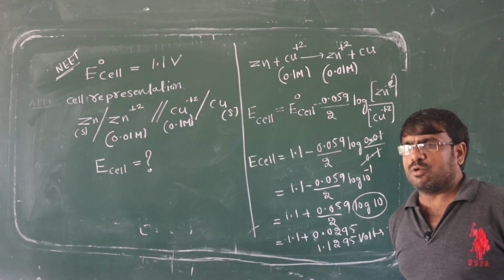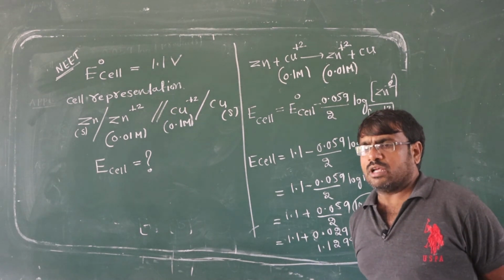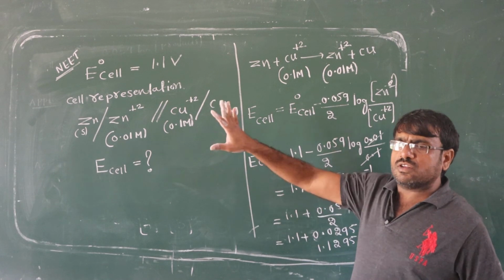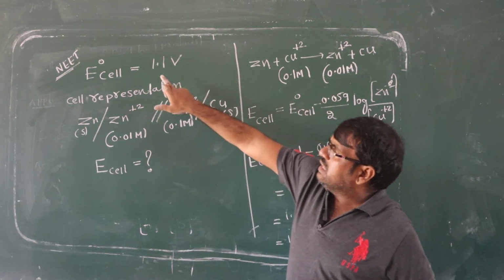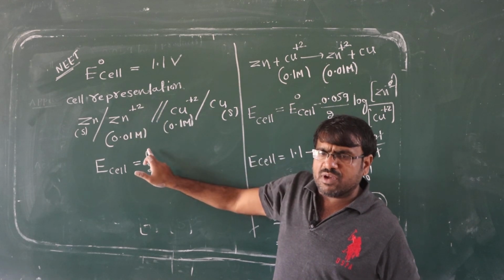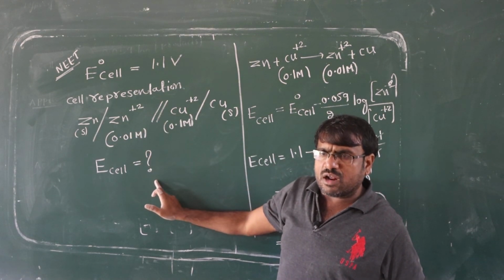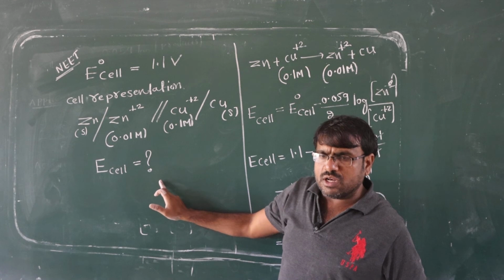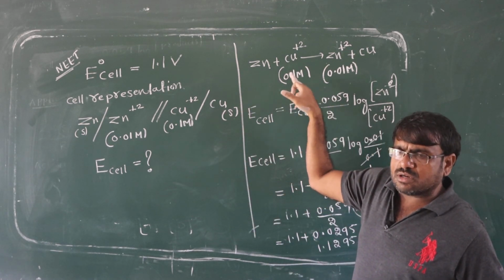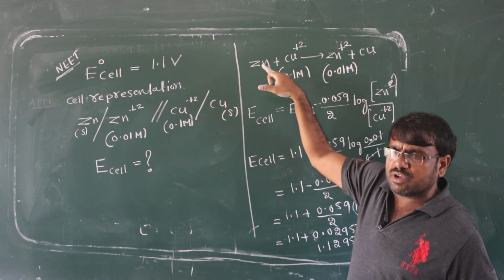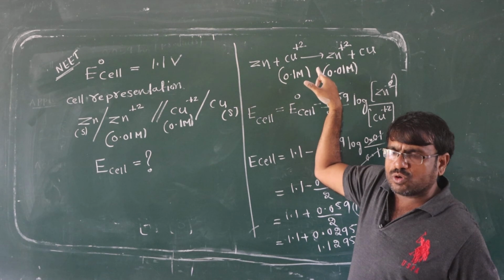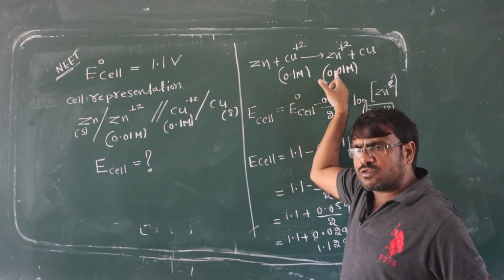So this is about the Nernst equation and how they will ask the questions. Once again, see, E naught cell they gave 1.1, the cell representation like this, and they are asking E cell. According to the cell representation we can write the overall equation: Zn plus Cu plus 2 gives Zn plus 2 plus Cu.